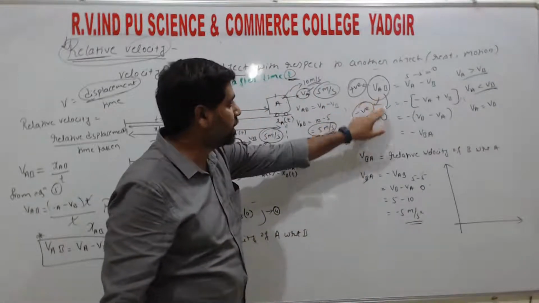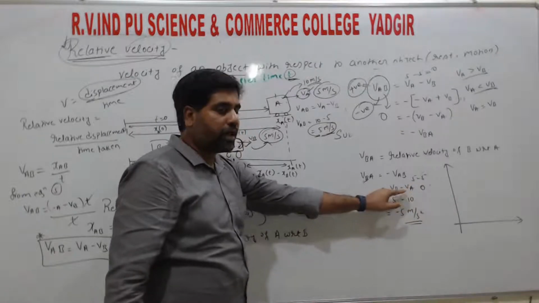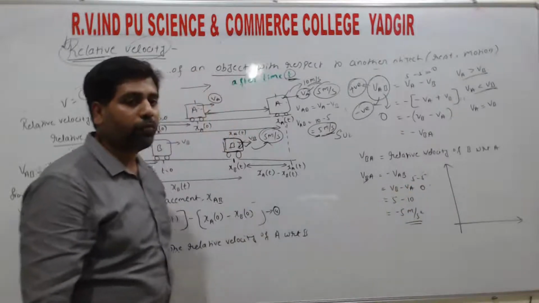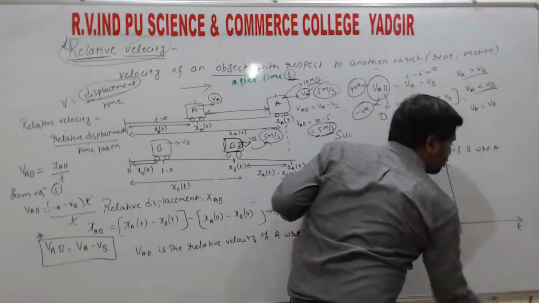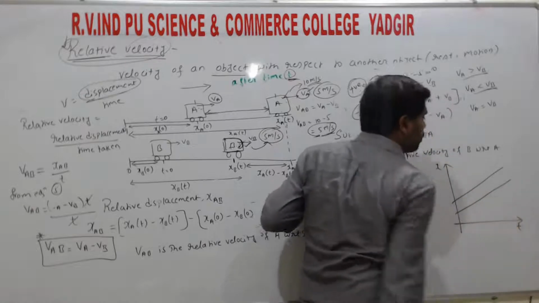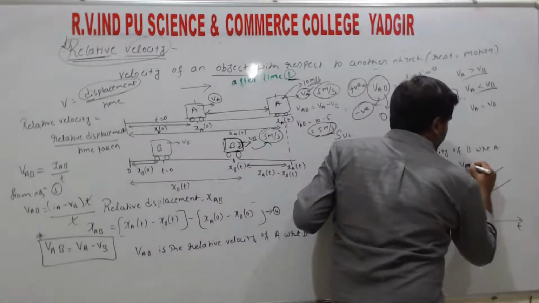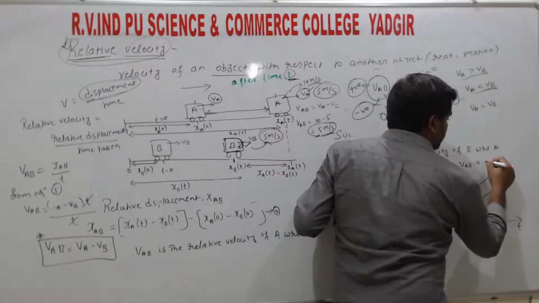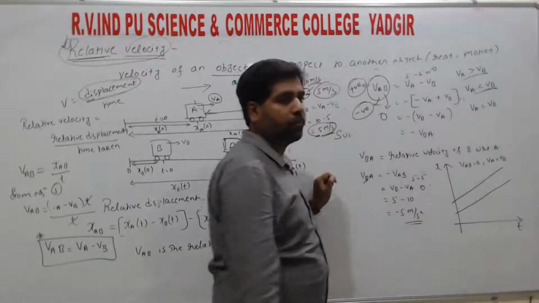So the relative velocity is 0, that means VA equals VB. For this case, if we plot the displacement time graph, we get a curve like this, when VAB equals 0.